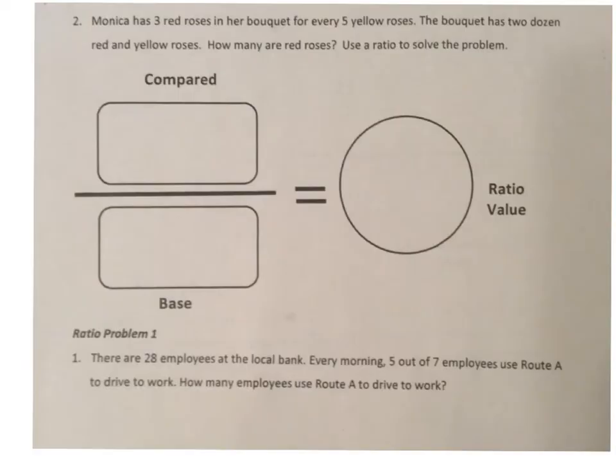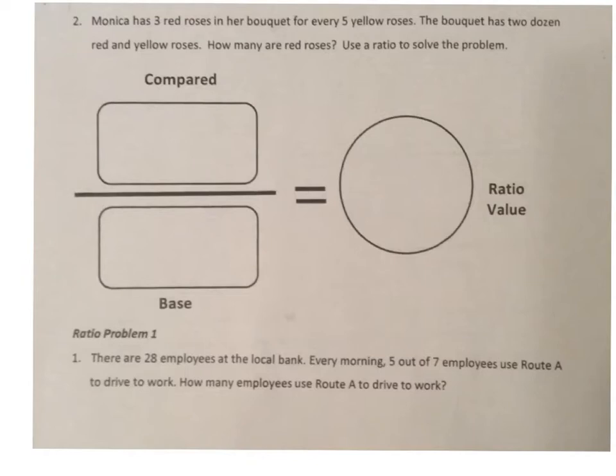Question 2 says Monica has 3 red roses in a bouquet for every 5 yellow roses. The bouquet has 2 dozen red and yellow roses. How many are red roses? Use a ratio to solve the problem. So I just read the question, and step 1 is to make sure we discover the problem, so we're going to retell it.